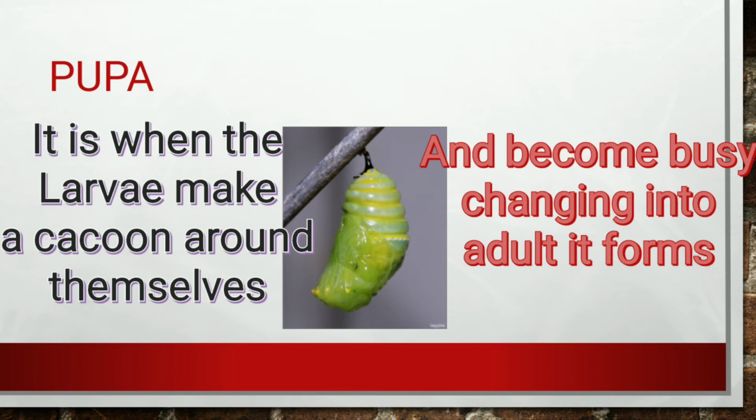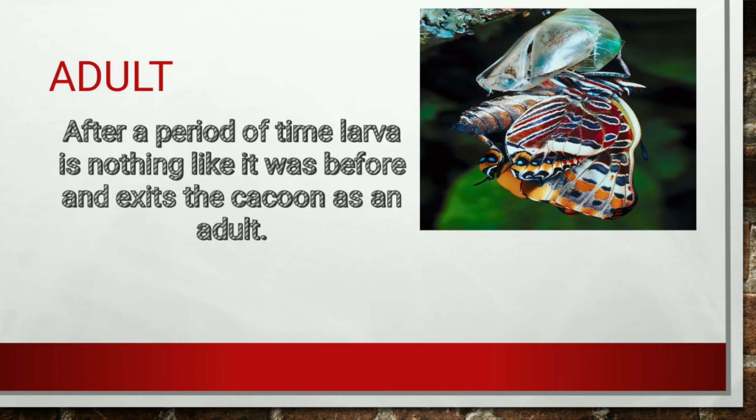This stage takes a few days, or in some cases, a month. After that stage, we have the last stage, which is adult. After a period of time, the larva is nothing like it was before and exits the cocoon as an adult. This life cycle starts all over again.